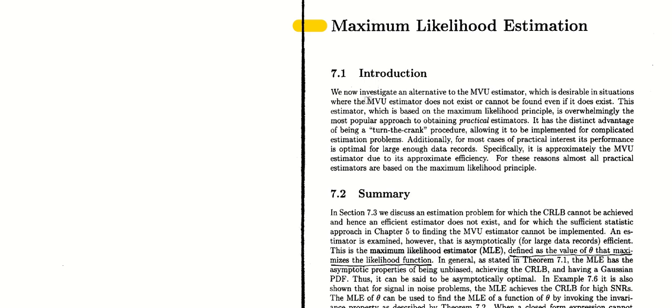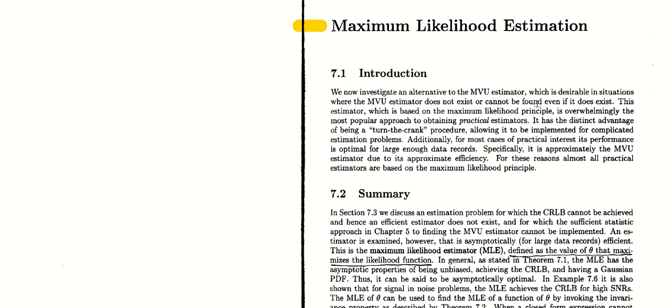Okay, so let's first get a little bit of reading on what the concept is saying. We now investigate an alternative to the MVU estimator, which is desirable in situations where the MVU does not exist or cannot be found.